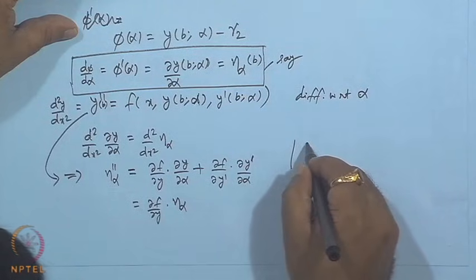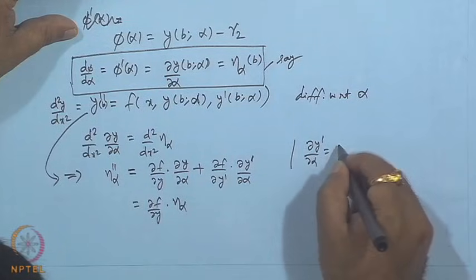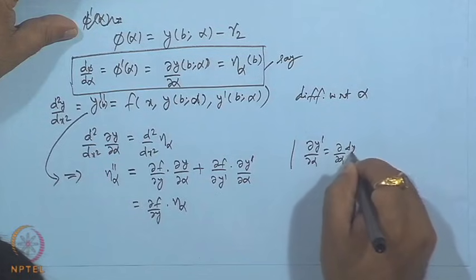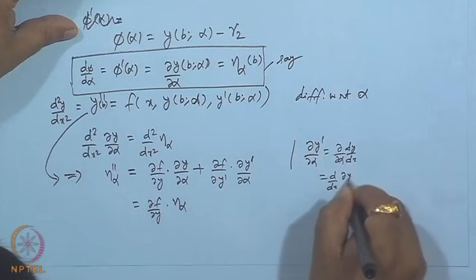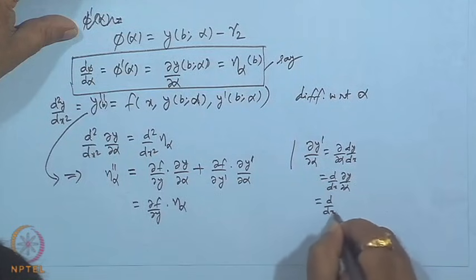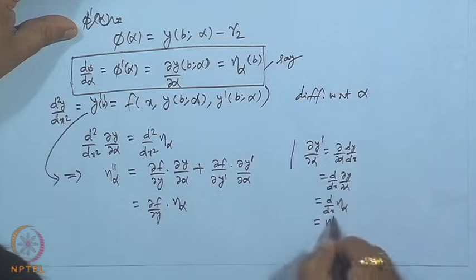For example, this will be d by dx of eta alpha. So, that will be prime.